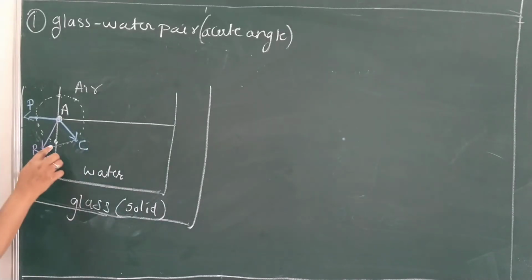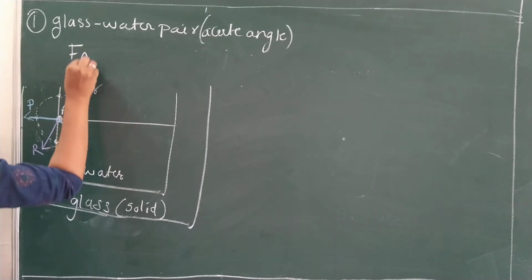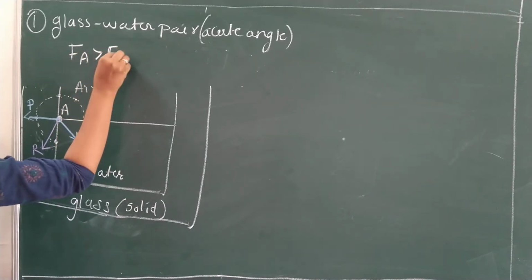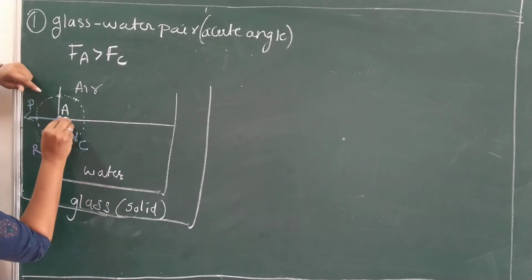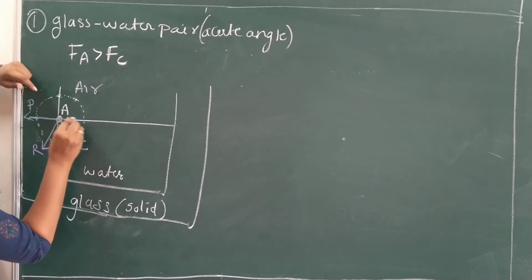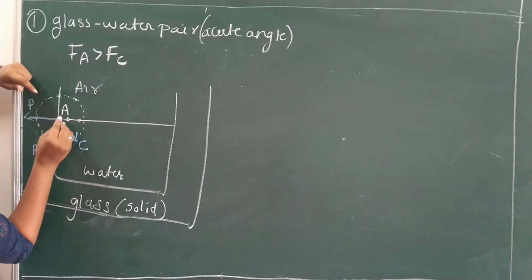Now, as I have got my resultant vector, which is completely inside the solid, and in the case of a glass-water pair, always remember your adhesive force is greater than cohesive force. If it is so, what happens? Whatever molecules are present near molecule A will get attracted towards the solid.